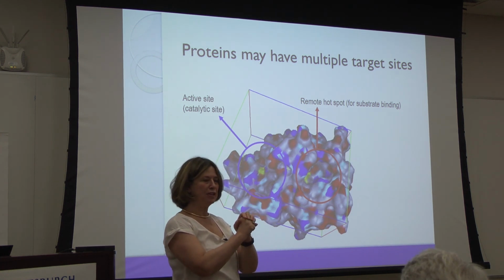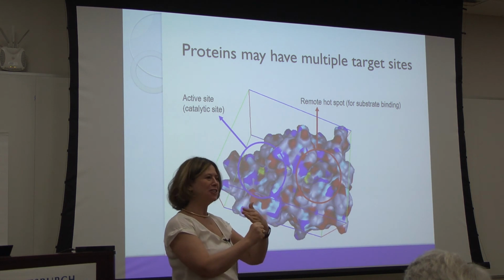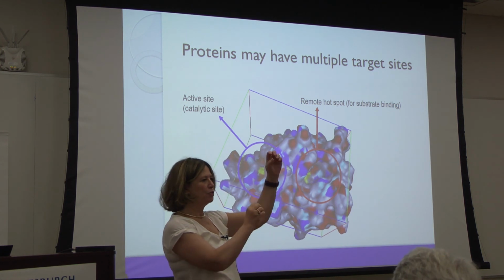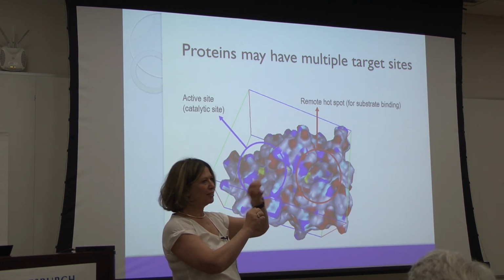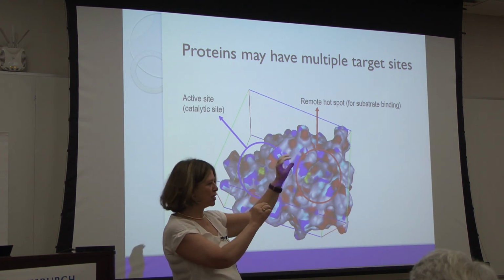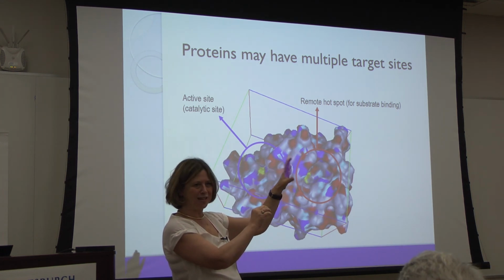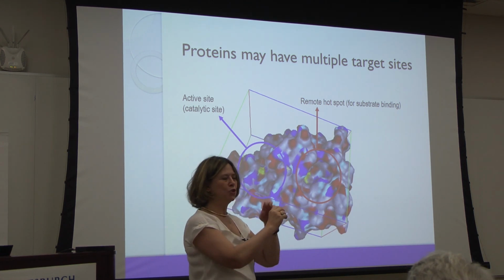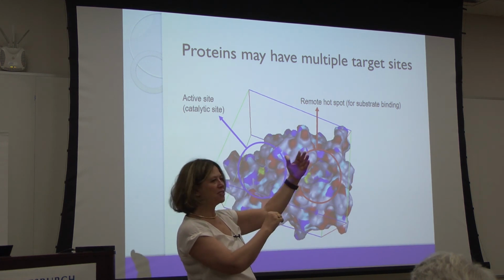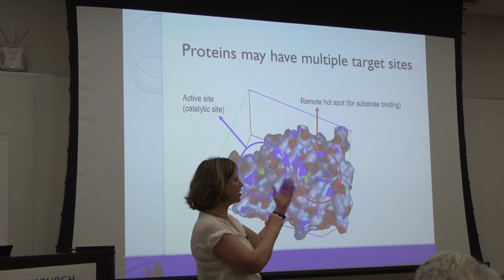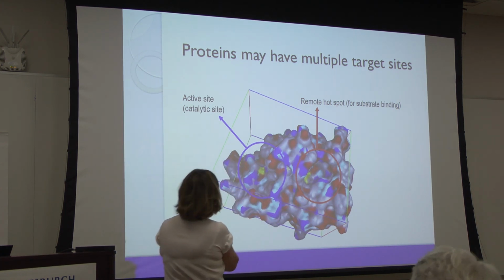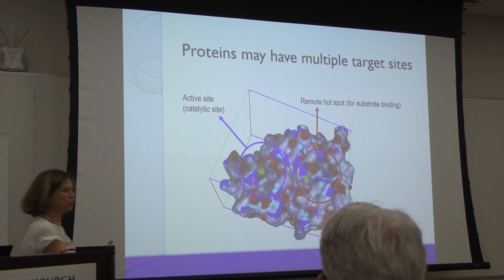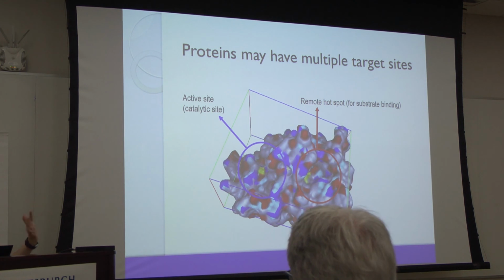So rather than targeting the catalytic site and all of a sudden killing everything, you would like to target the site that is interacting with a substrate along a certain pathway. These are allosteric sites. The catalytic site is known as the orthosteric site, and the others are allosteric sites. So you want to target the allosteric sites, not the active site, a remote site. And this method is really very useful in identifying those other sites, multiple sites.